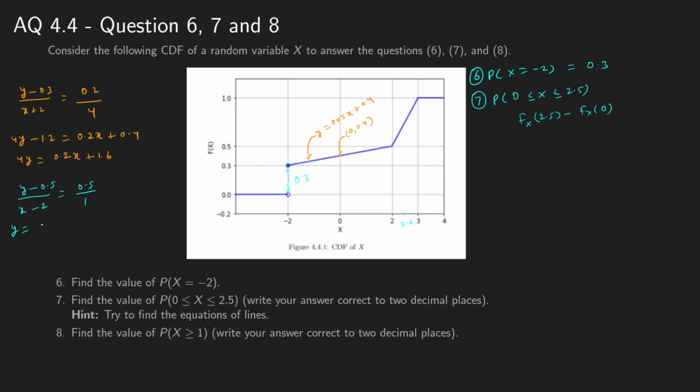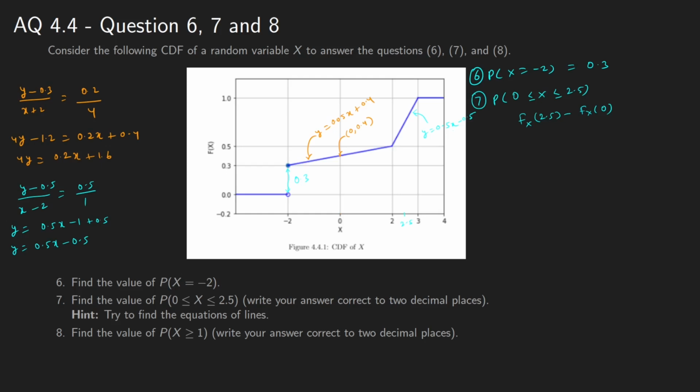So finally we can write y minus 0.5 equals 0.5x minus 1, so y equals 0.5x minus 0.5. So the equation of this line is y equals 0.5x minus 0.5.